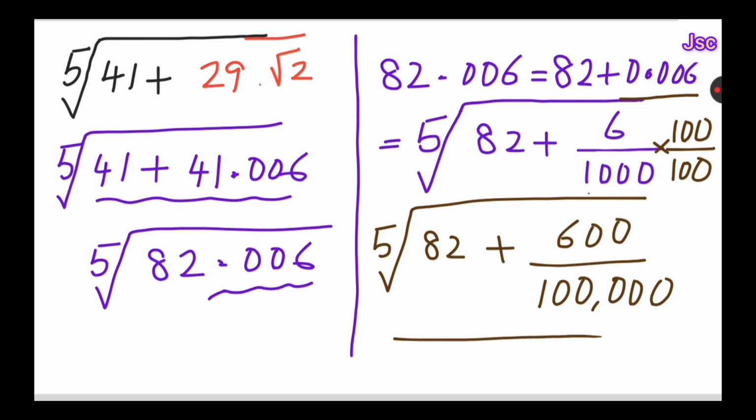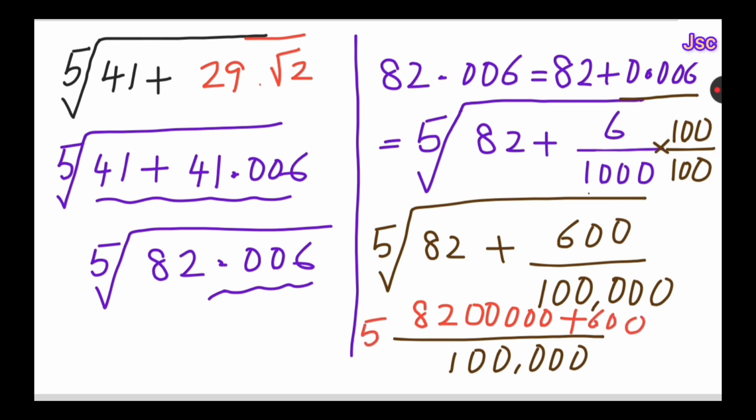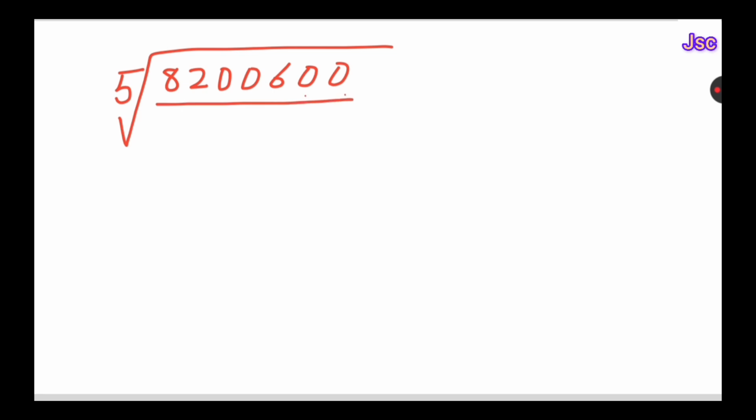After taking the LCM, we get a denominator of 100,000, that is 5 zeros, and the numerator is 82 followed by 5 zeros plus 600. After adding these two numbers, you will get the fifth root of 8,200,600 over 100,000.